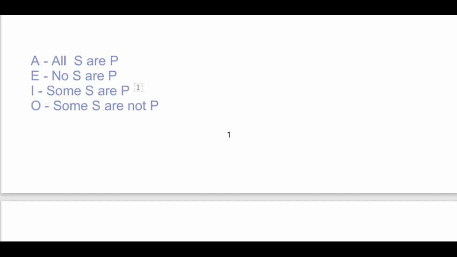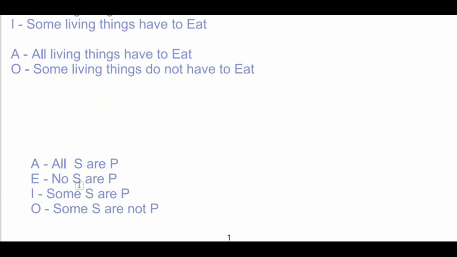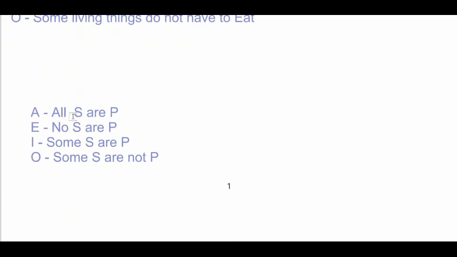So when we find a statement saying the keywords all are, no are, or some are not, then we can easily convert it to its proposition type.